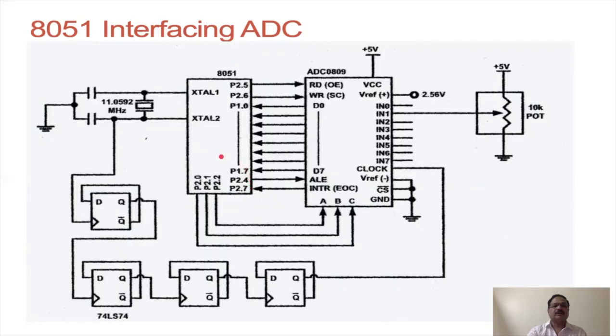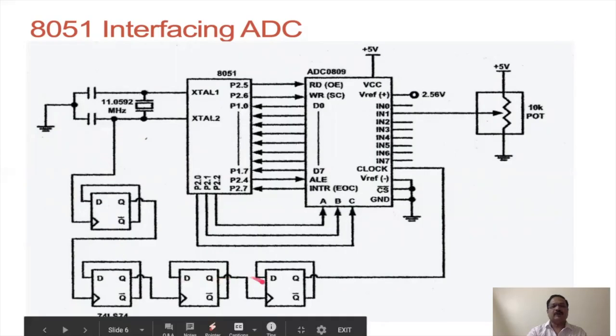The clock is generated using the quartz crystal on-chip clock oscillator, and here you can find D latches used to obtain the required frequency that is applied as a clock input to the A to D converter.